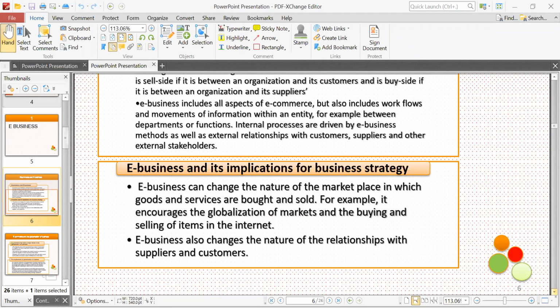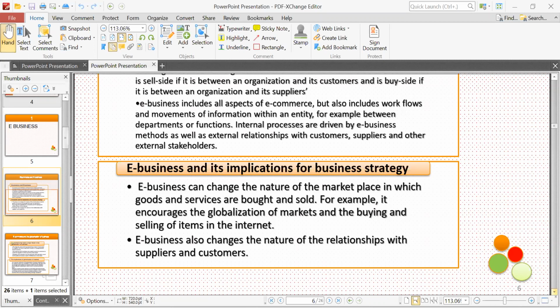Then, number two, e-business also changes the nature of the relationships with suppliers and customers. And we'll talk more about this as we delve into the slides. But what does this mean? It basically means that you see people contacting suppliers in China to supply them goods through e-business.